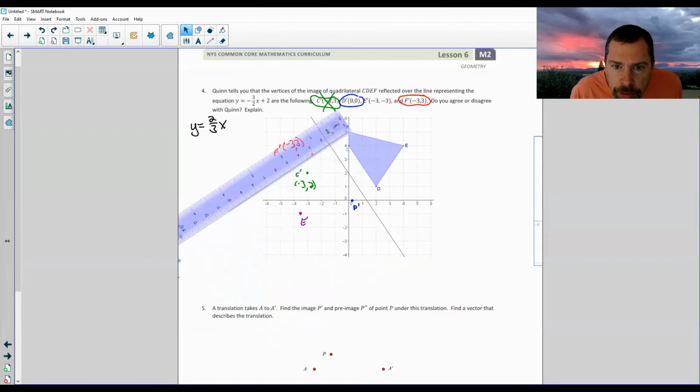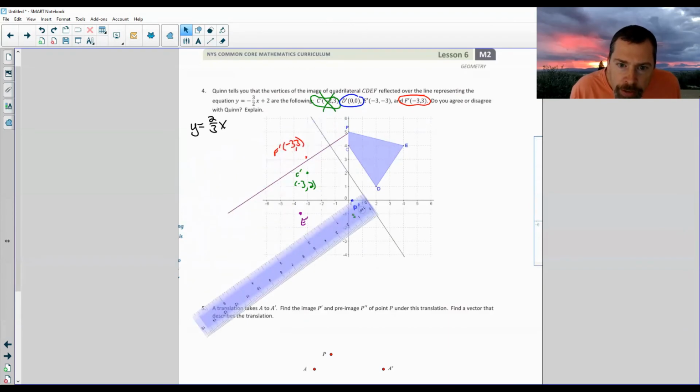Move this up to here. And if I measure from here to the line, that is roughly 1.8. And 1.8 and 1.8 is 3.6. So then I move this dot to 3.6, which would be here. And it would have to be on this line. It's hard to grab that small point. I should just draw one at 3.6, but you get the idea.